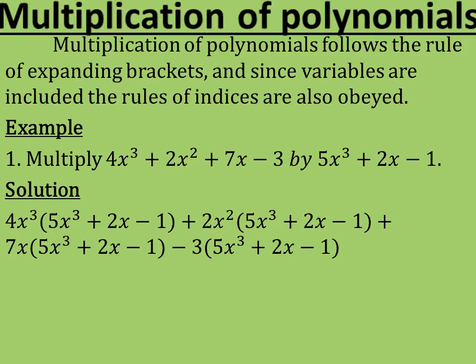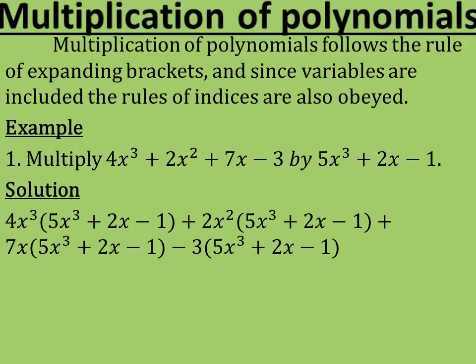Then we take the second term in the first equation, which is plus 2x squared, and we still multiply it with the whole of the second equation, which is 5x cubed plus 2x minus 1. Plus 7x, we multiply it with the whole equation, which is 5x cubed plus 2x minus 1. Minus 3, that is our constant term, we also multiply it with the whole equation.